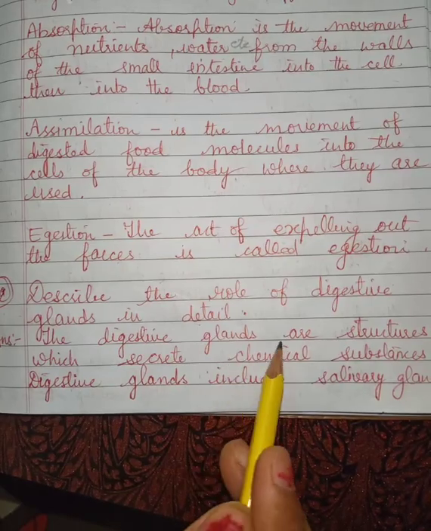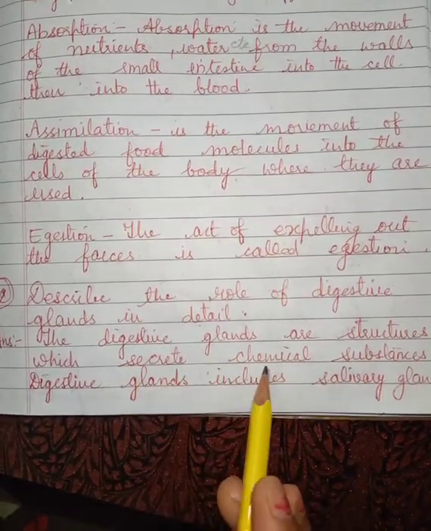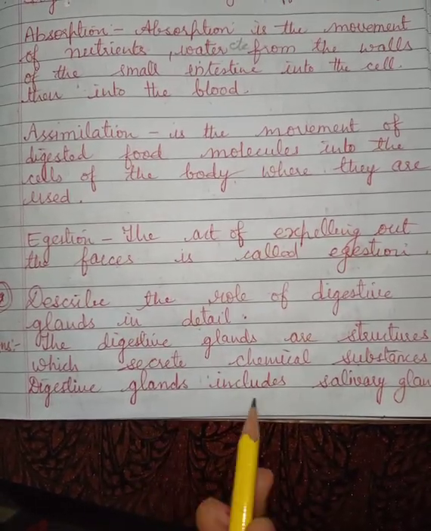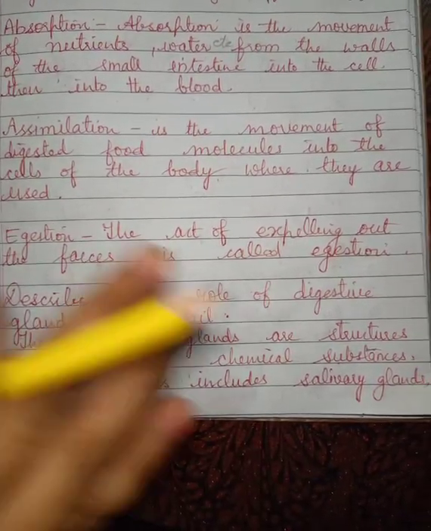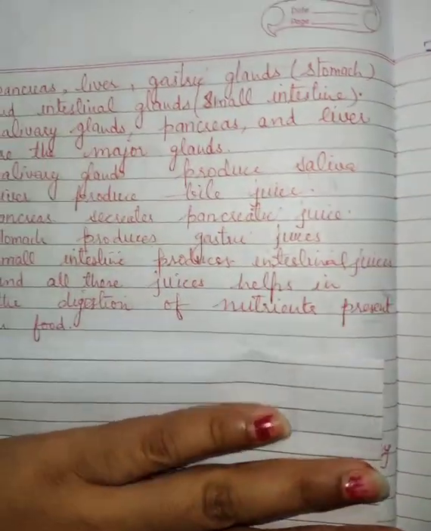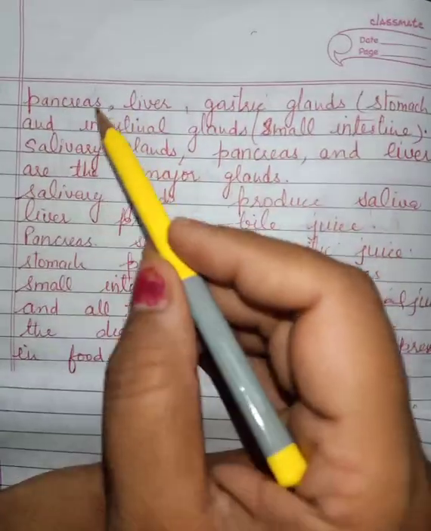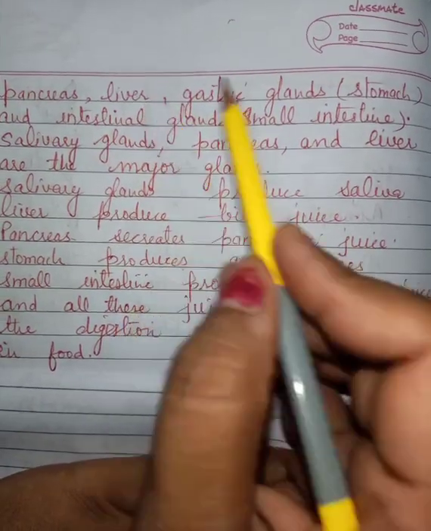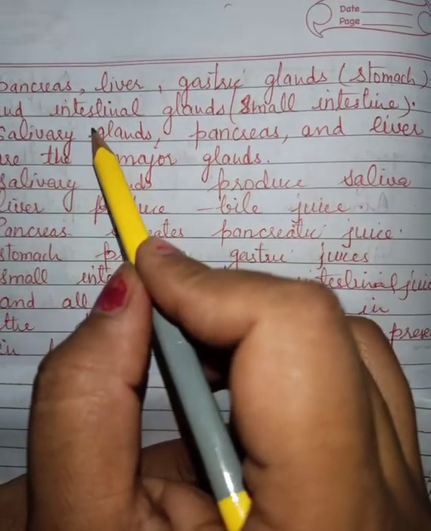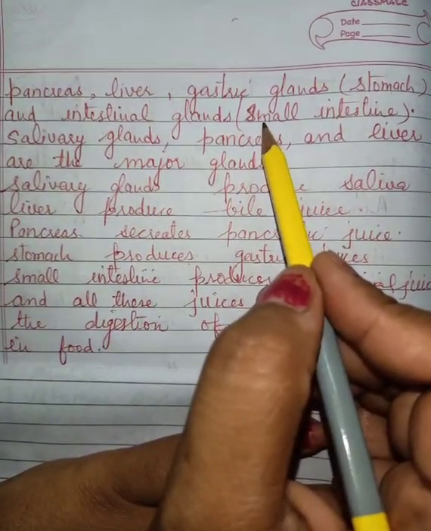The digestive glands are the structures which secrete chemical substances. Digestive glands include salivary glands, pancreas, liver, gastric glands present in the stomach, and intestinal glands present in the small intestine.